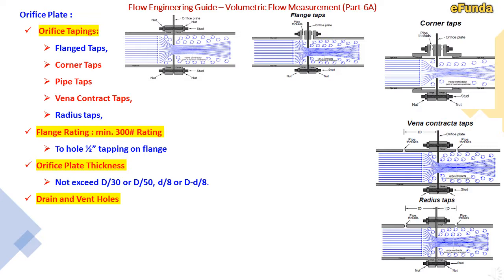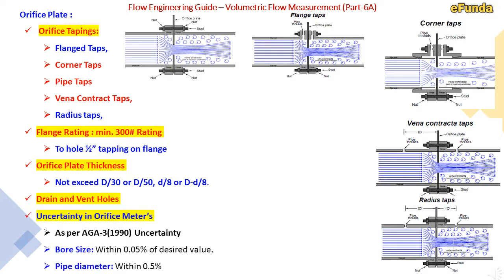One of the key factors now, uncertainty of the orifice plate. As per AGA 3, uncertainty is likely to occur in the orifice meter, basically bore size within 0.05% of the desired value, pipe diameter within 0.5% of the value.